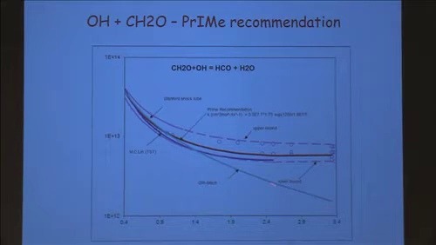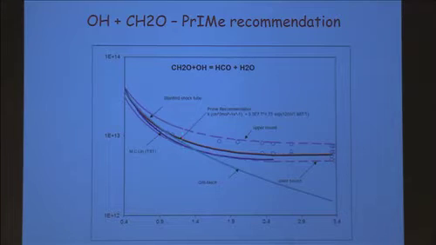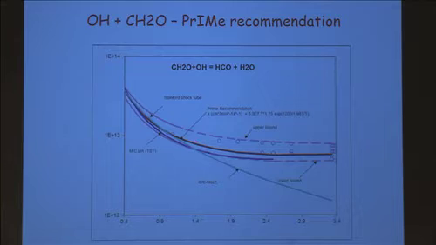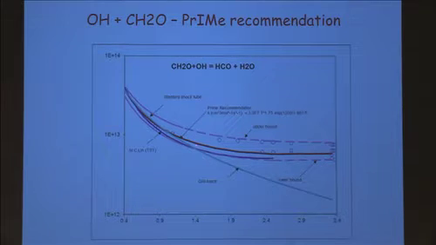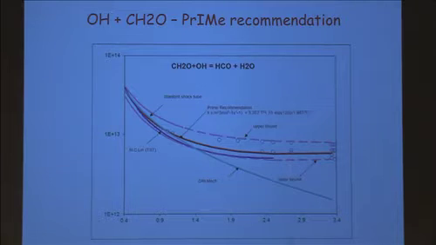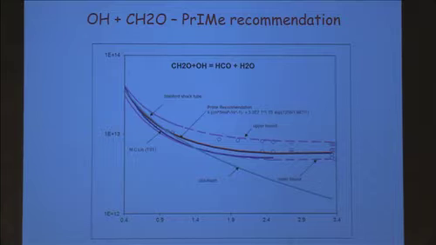So this is the expression that's used in GRIMEC. Notice that over the region over which GRIMEC operates, which is up here, the recommendation is very close to this overall recommendation here for OH plus formaldehyde. It's only when we get down to these lower temperatures that apply, for example, in atmospheric chemistry, that there are significant differences between the two.